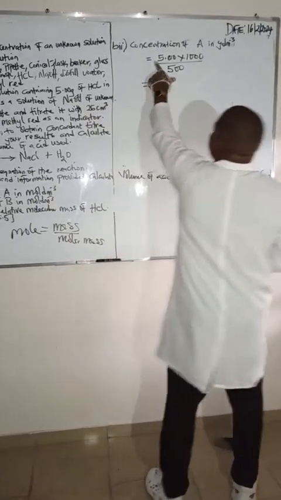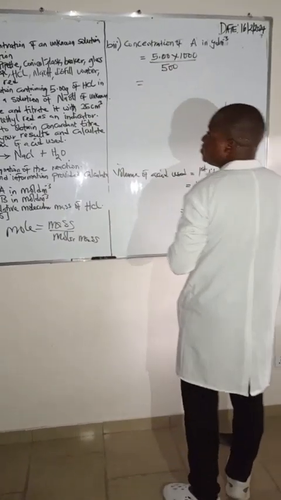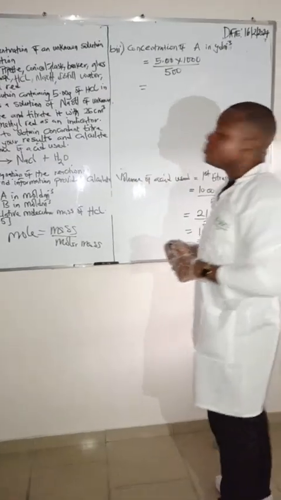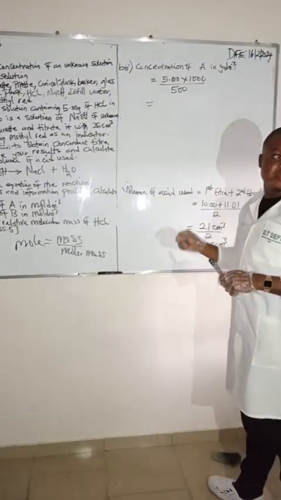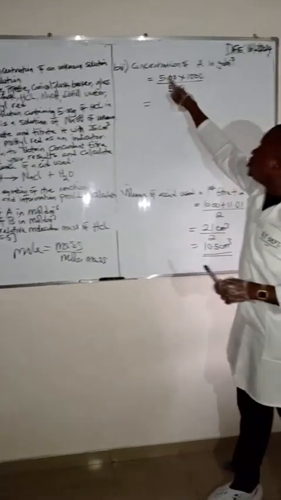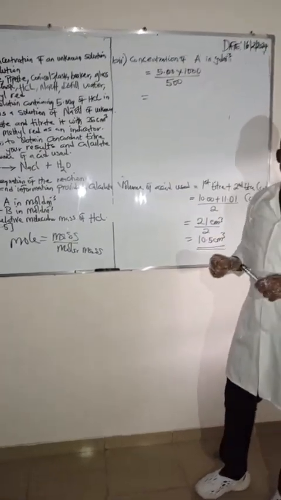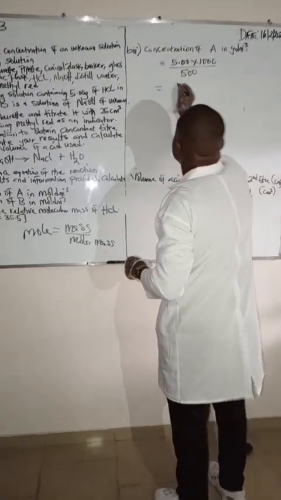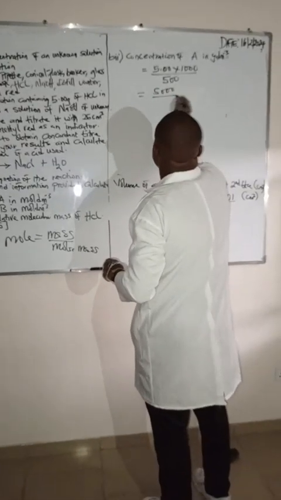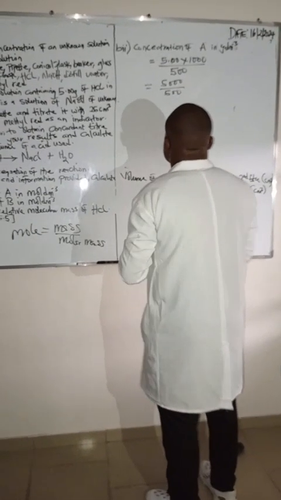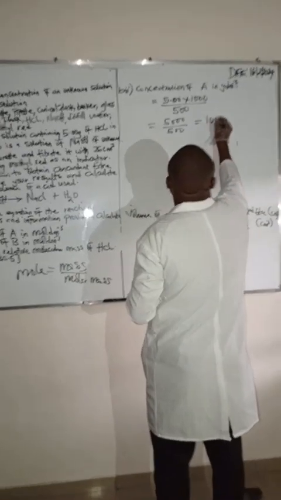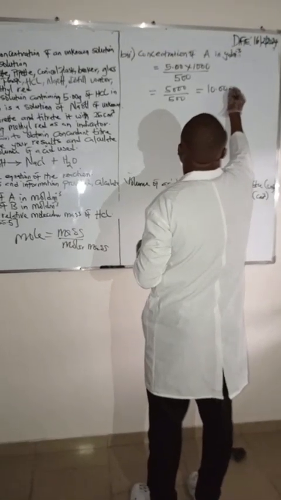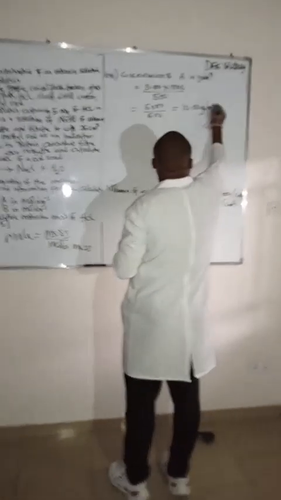Watch it. 5.00 times 1000, use the calculator for me. What do you have? 5,000. We have 5,000, divided by 500. 5,000 divided by 500 is 10. This is equal to 10.00 gram per dm cube.